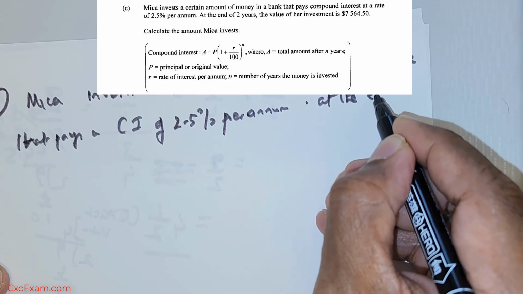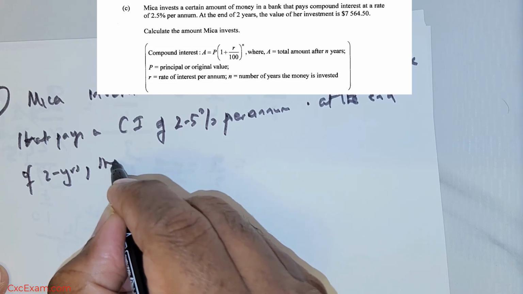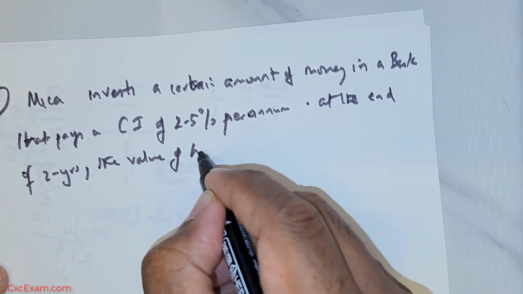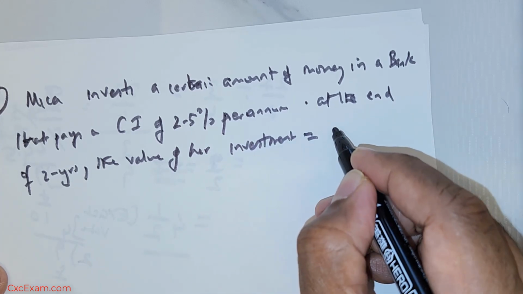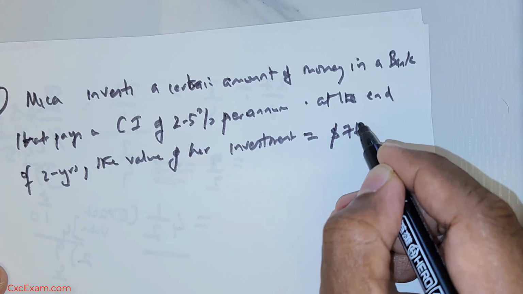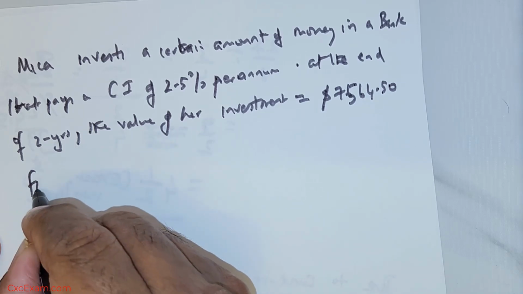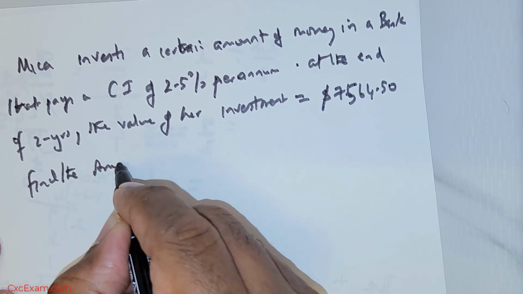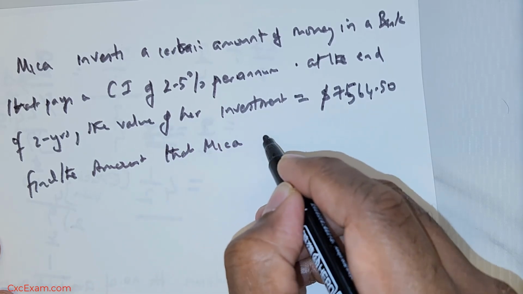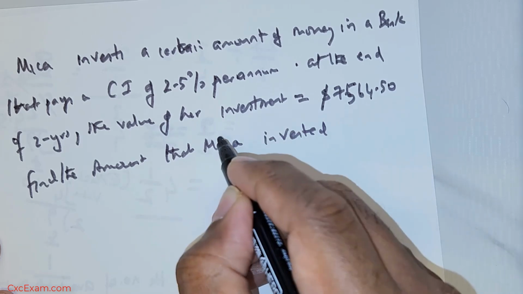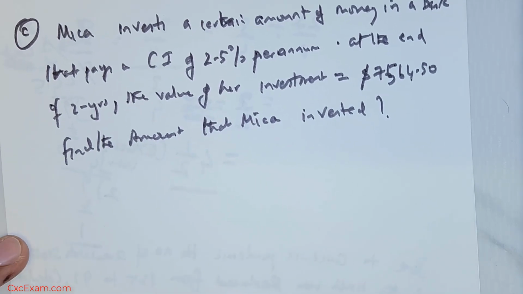At the end of 2 years, the value of her investment equals $7564.50. Find the amount that Mika invested. So this is the question. You can go through this and work it out.